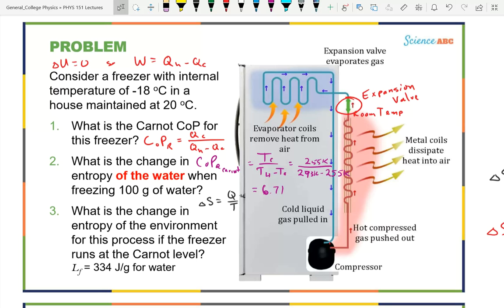The heat would be 33,400 times 1 plus 1 over 6.71. So you have 38,377. So you have more heat being exhausted into the room than you're taking out.